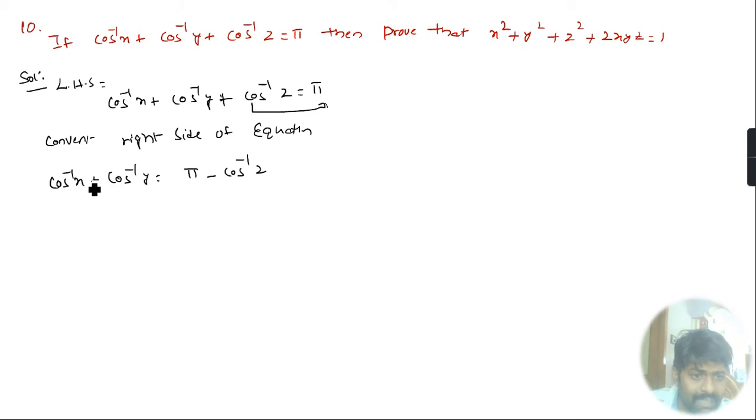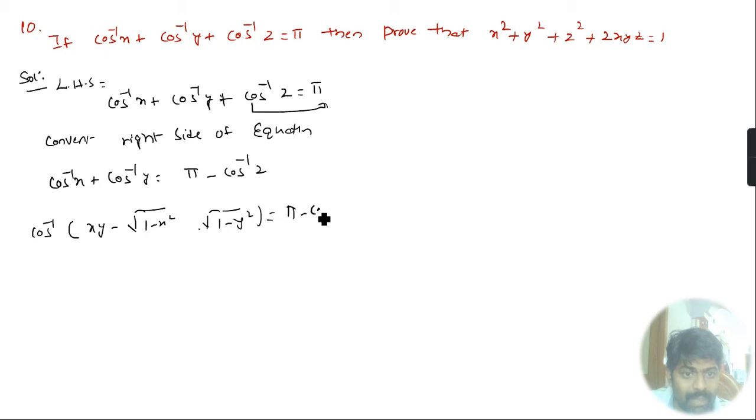So we know the formula for cos inverse x plus cos inverse y. This is nothing but cos inverse of xy minus root of 1 minus x square into root of 1 minus y square, is equal to pi minus cos inverse z.